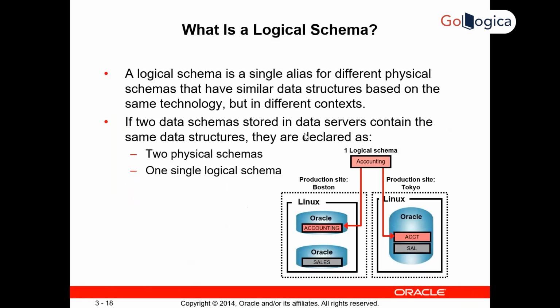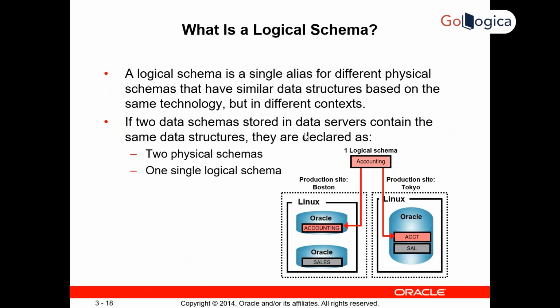That's the reason a logical schema is the alias name for your physical schema in a particular context. Always, a logical schema is mapped with a context, and the context tells me whether it is a dev context, production context, or test context.